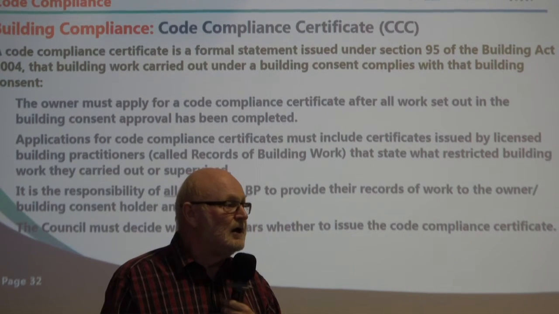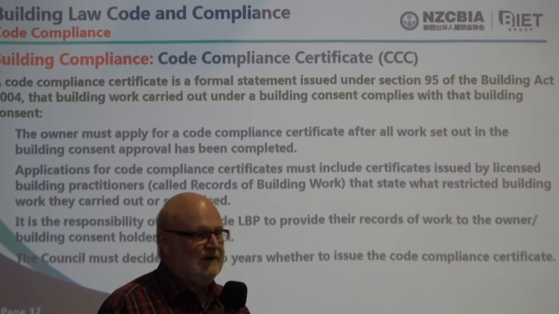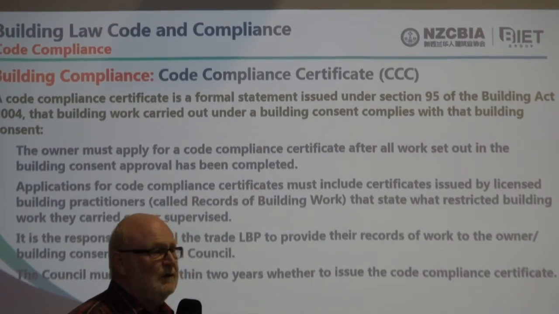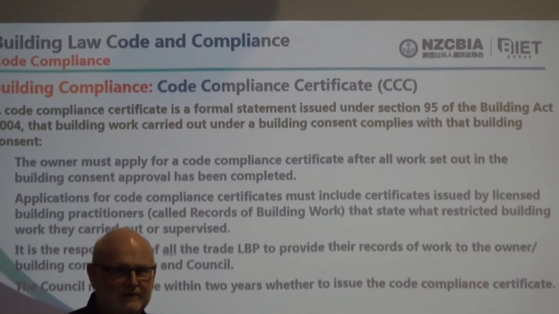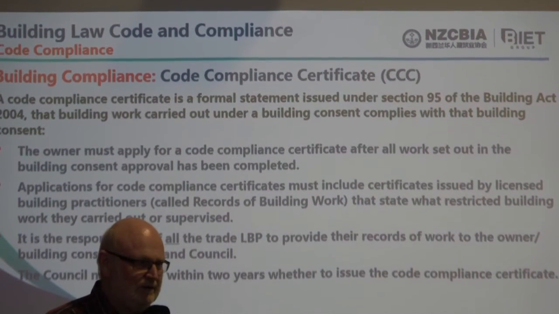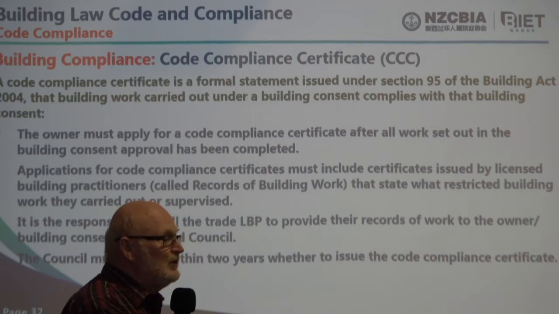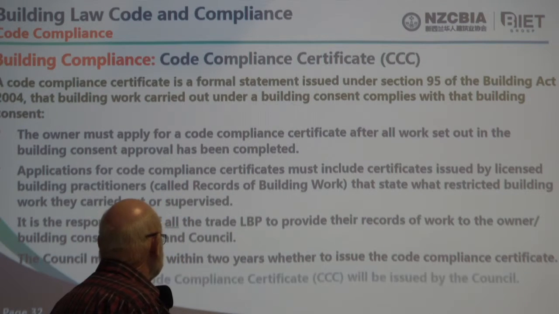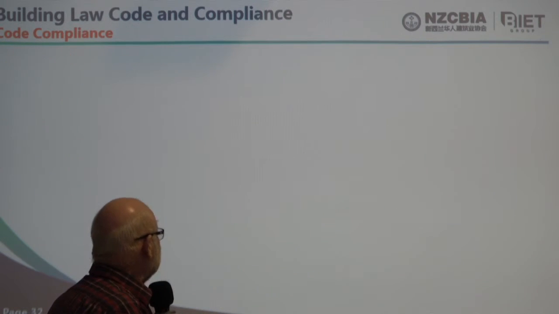But they are required to say yes or no within 2 years. So I know of personal friends who don't have a code compliance certificate because there was a dispute with the council around evidence. Okay, so the council has a period of time in which to issue the certificate. The code compliance certificate will be issued by the council.